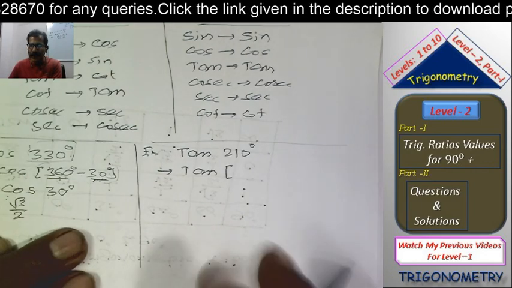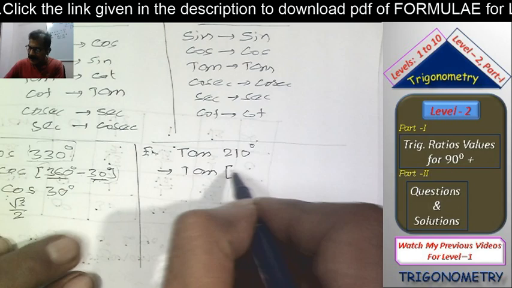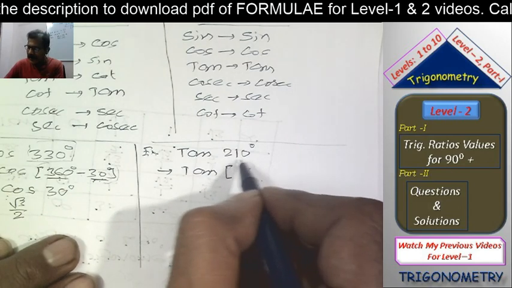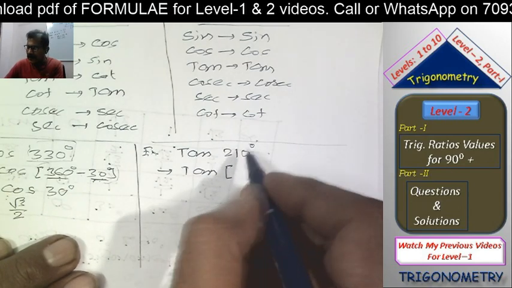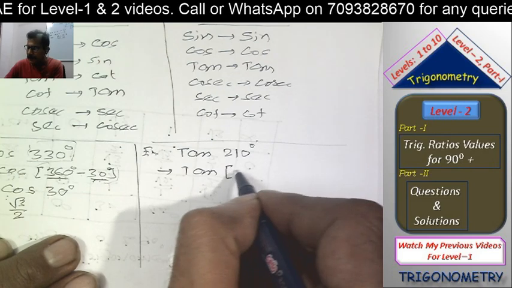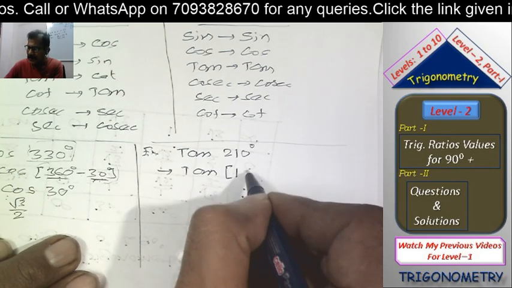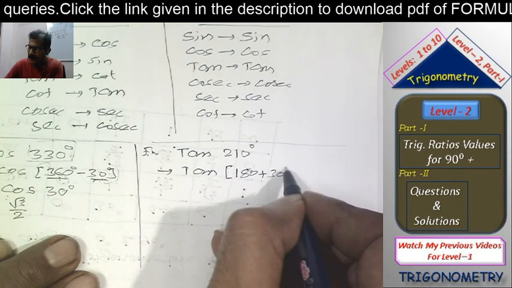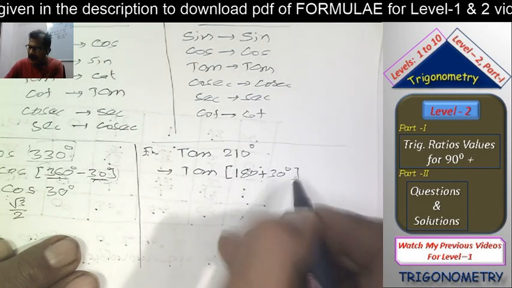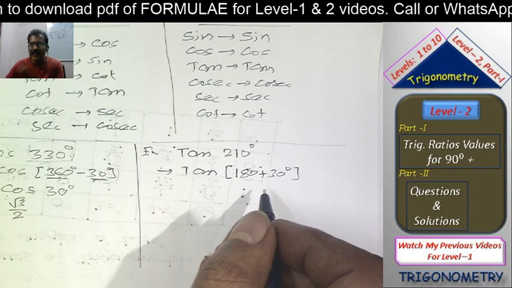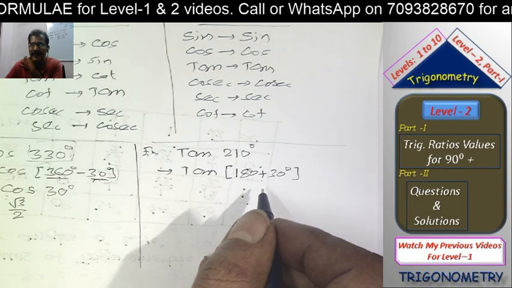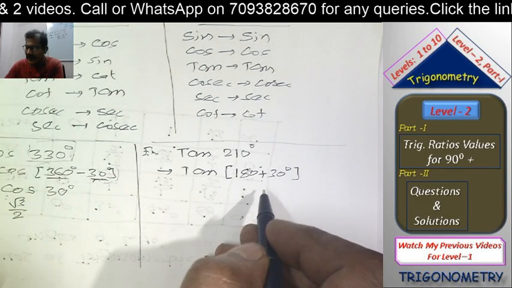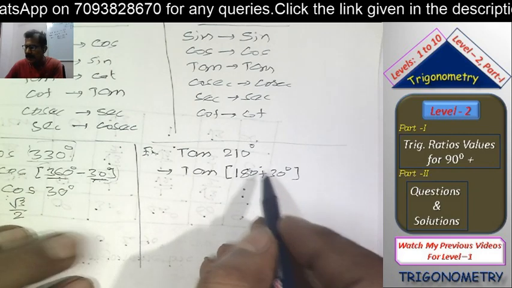It is up to you. Here I split this 210 into 180 plus 30 degrees. Or you can write 270 minus 60 degrees also. No problem, you'll be getting the same thing. I'll even explain by taking 270 minus 60.